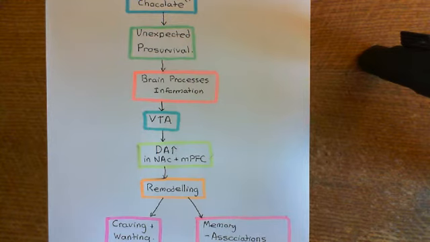Normal pro-survival stimuli, once you've learned about them, once you've remodeled the brain sufficiently so that you now seek these stimuli adequately, you stop teaching the brain to do it further, so the dopamine signal stops. The addictive drugs are never, ever going to stop delivering a dopamine signal.